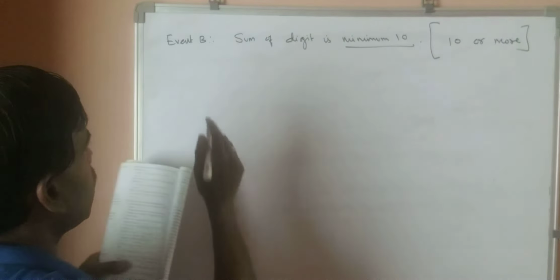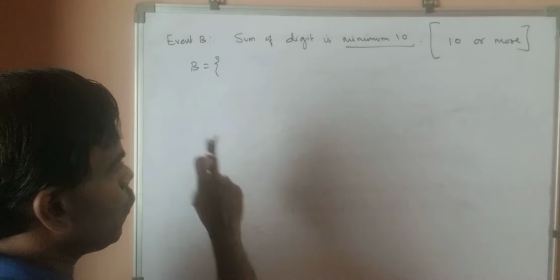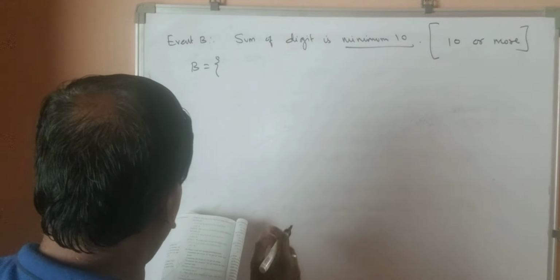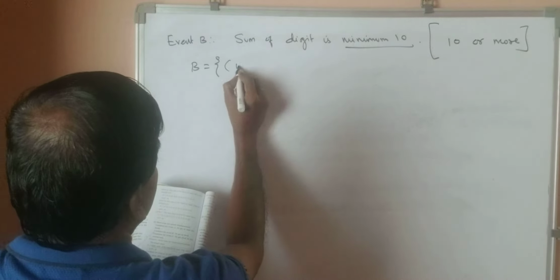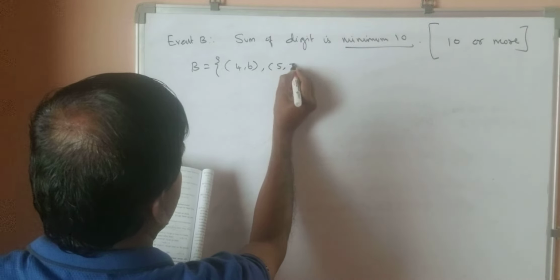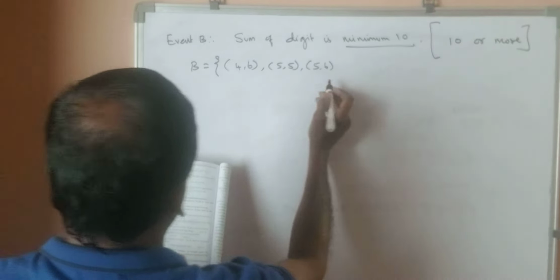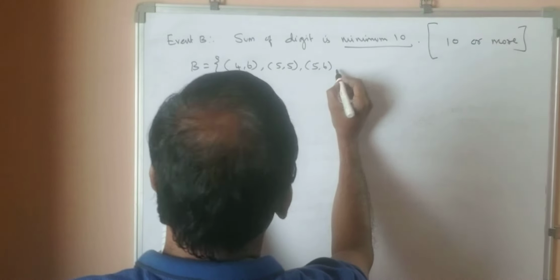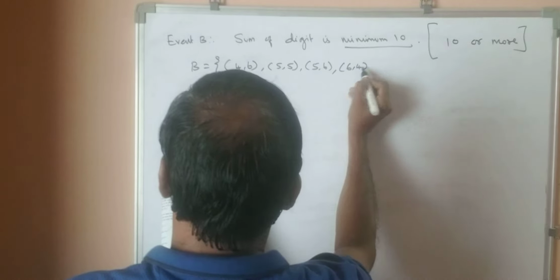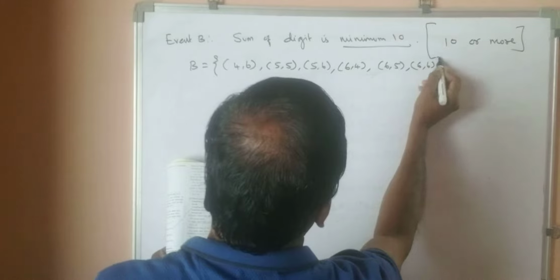Okay. Now, such a set we will find out. Now, if you see those 36, you find out 4, 6 will come first. See 10, 5, 5, 10, 5, 6, 11. Okay, 10 or more: 6, 6, 6, 4, 6, 5 and 6, 6.